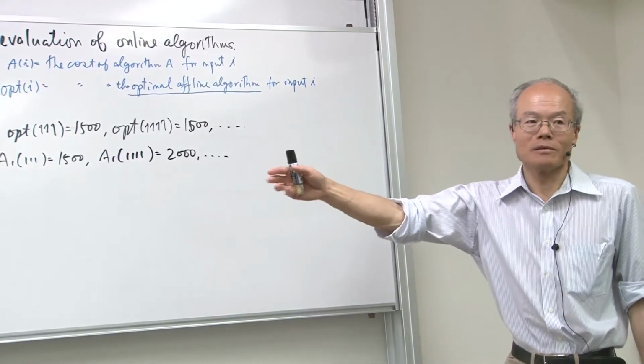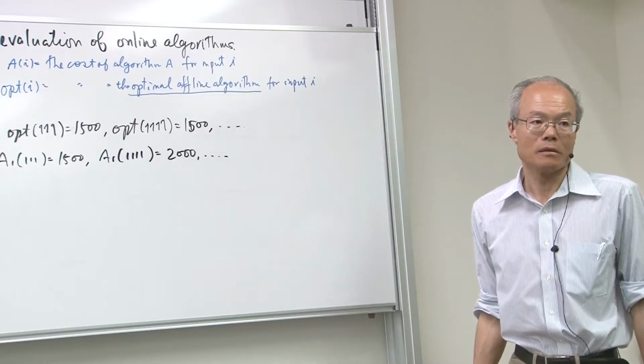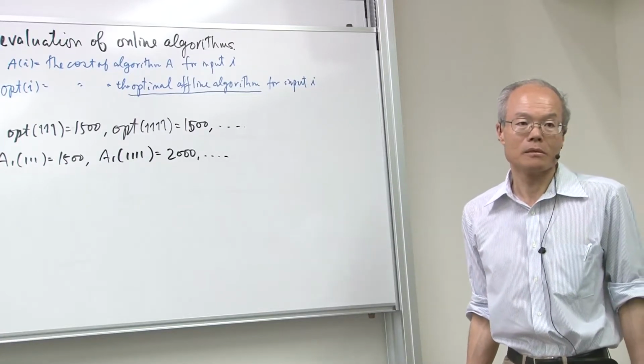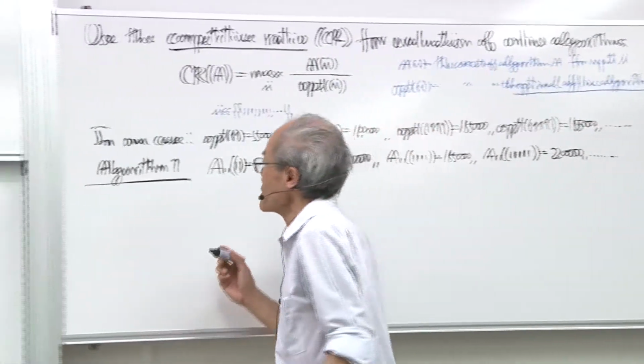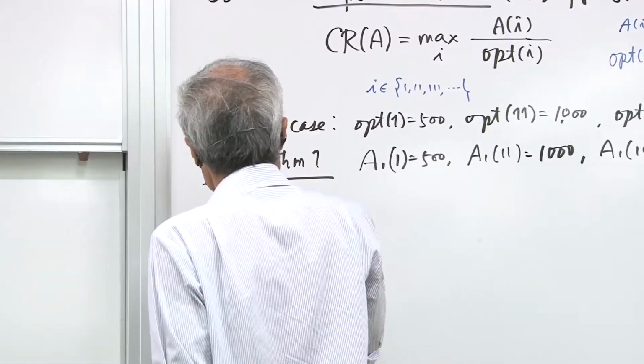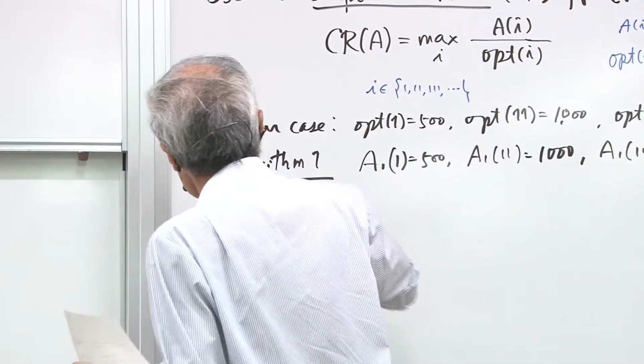So the cost is just increasing linearly. Okay. So what is the competitive ratio?